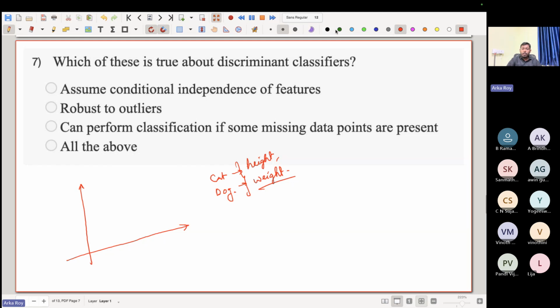In general, dogs are higher in weight as well as in height than cats. Let's say this is the dog class data. This is height and this is weight.